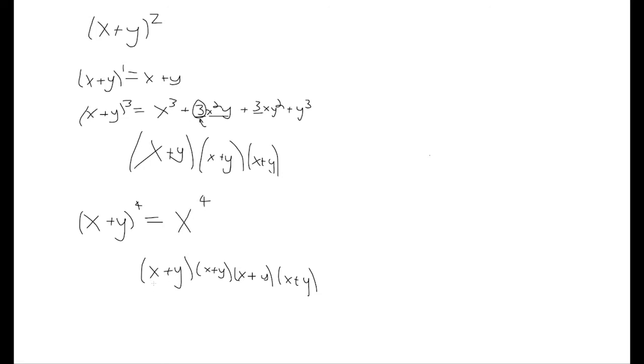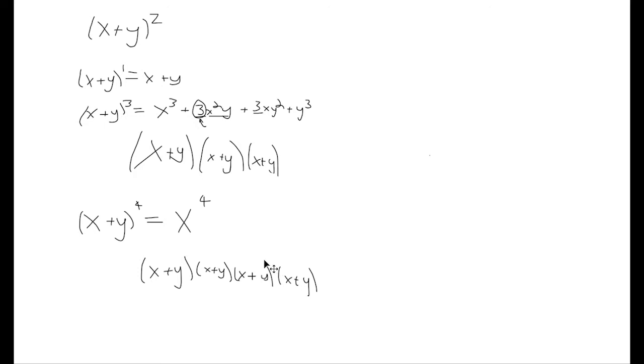It's possible that we could just pick an x from every single one. And how many different ways can that happen? You can pause the video and think about that. I'm just going to answer. There's only one way that can happen, because that would mean that all of them would have to be x's. So this one would have to be an x, this one would have to be an x, this one would have to be an x, and this one would have to be an x.